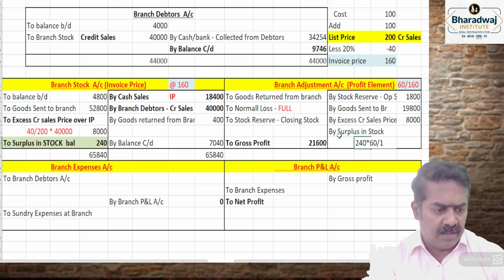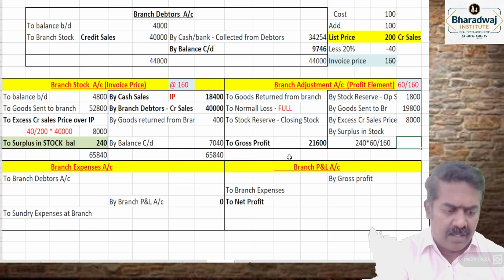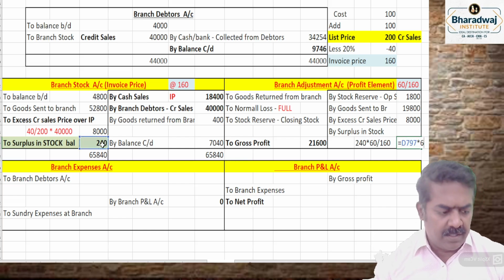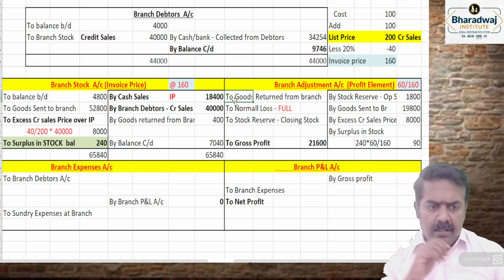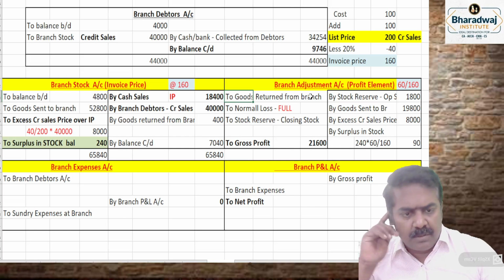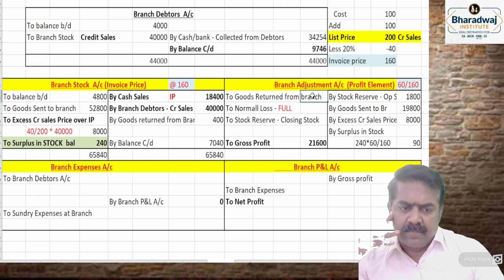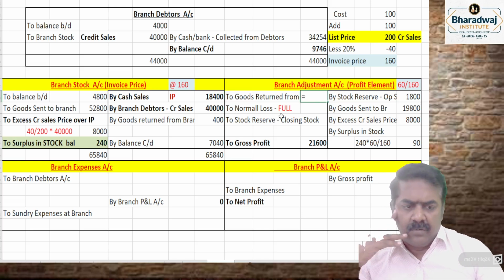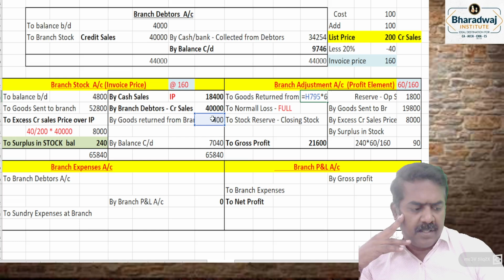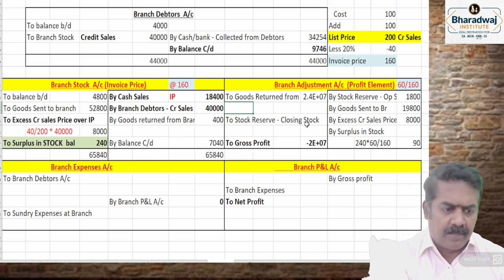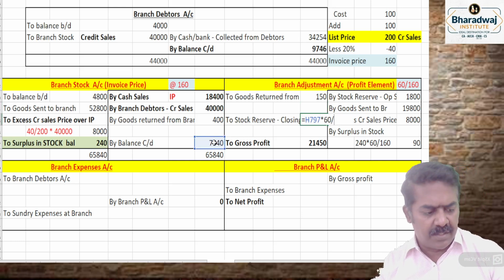The profit element. Goods returned from branch, profit element, 400 into 60 by 160. No normal loss. Closing stock, profit element, 7040 into 60 by 160.